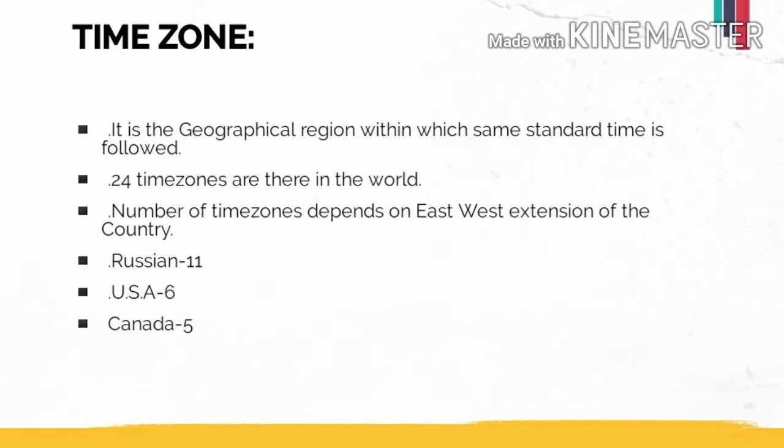Next is the time zone. What exactly is a time zone? It's given in the slide as well. It is the geographical region within which the same standard time is followed.